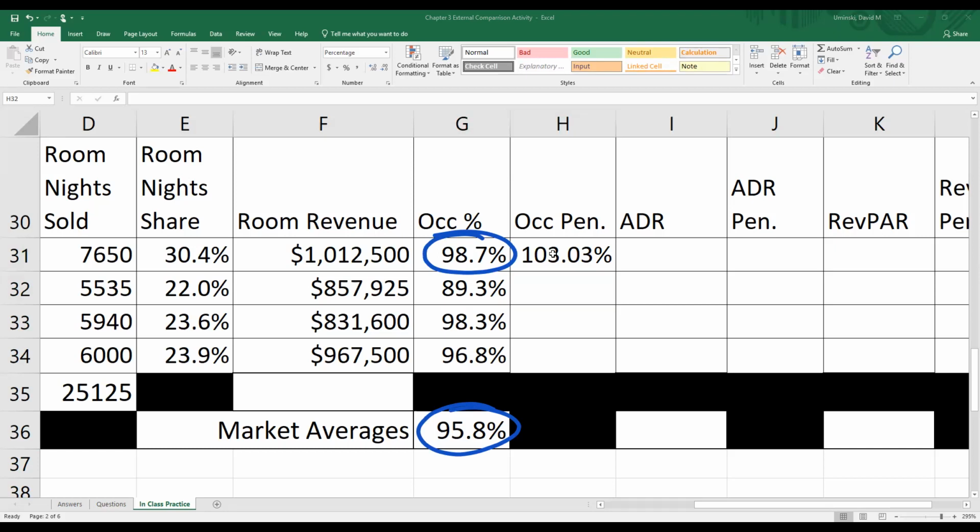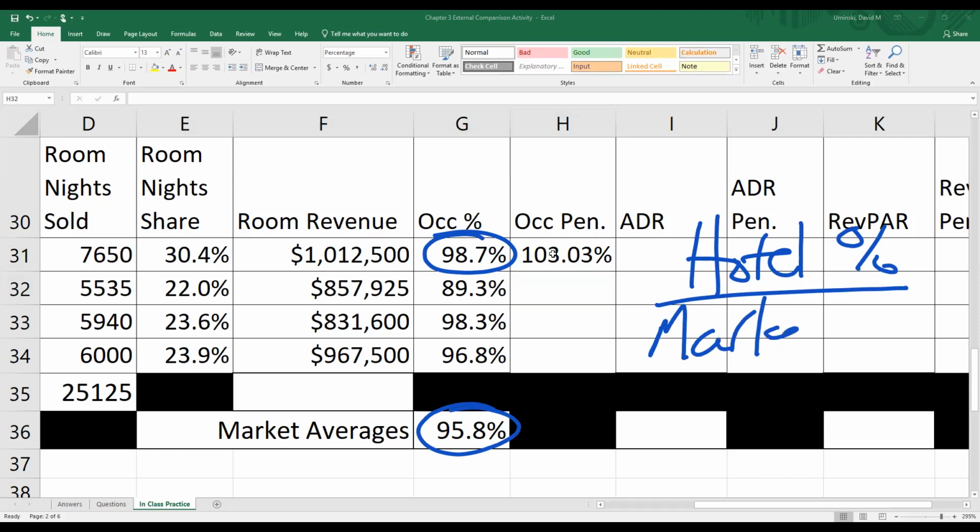So it's the hotel occupancy percentage divided by the market average. And you're probably thinking, Ms. Juminski, how do we have 103% of anything? That means we exceeded the market average.